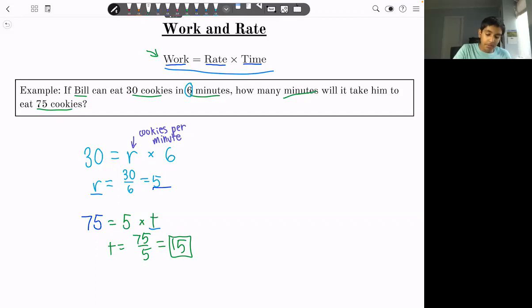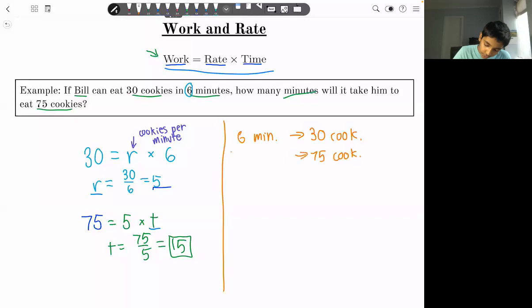And the other way that probably most of you would have done is that it takes 6 minutes to get 30 cookies. That means for 75 cookies, we need 75 over 30 times 6 minutes. Because now we have to eat 75 over 30 of the number of cookies, we will take 75 over 30 times longer.